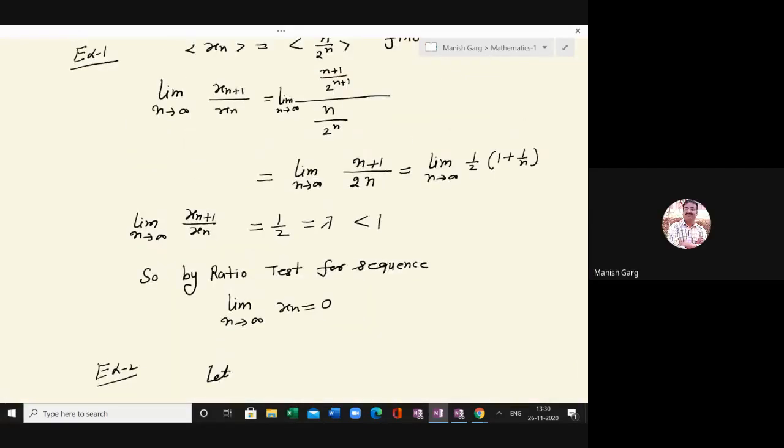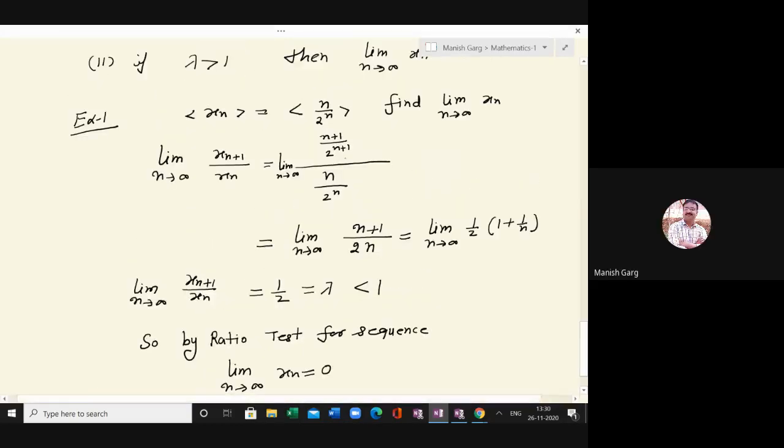This is simple calculation. Twice n will be cancelled out here too. So n plus 1 over twice n.